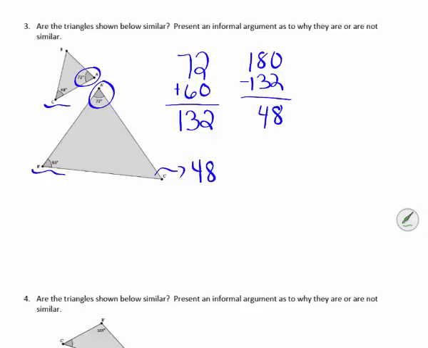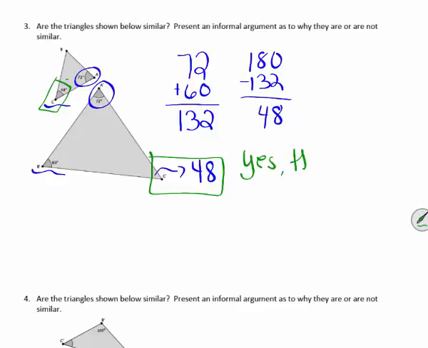Now I can compare it to the C that's in my other picture. So don't always go just based off what's there. You might have to do a little bit of work to see all of the angles. So are these similar? Yes. They have two pairs of corresponding congruent angles.